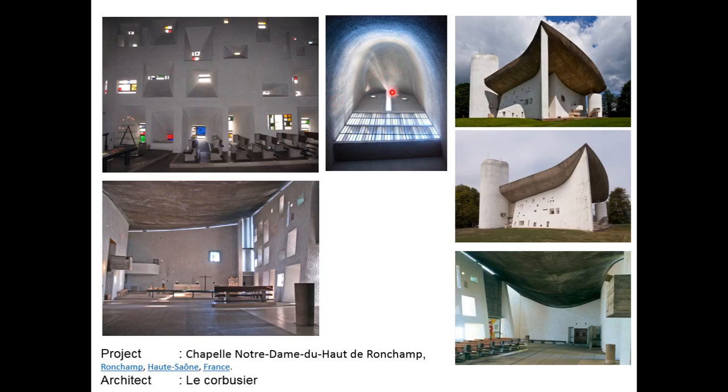You can see a curvilinear roof structure, which also gives a lot of reflected light. There's a lot of diffused light at certain parts of the day, maybe in the morning, maybe in the evening. We have to understand the direction and really experience the architecture of Le Corbusier. When you go to this place, you can experience the real essence of this architecture.